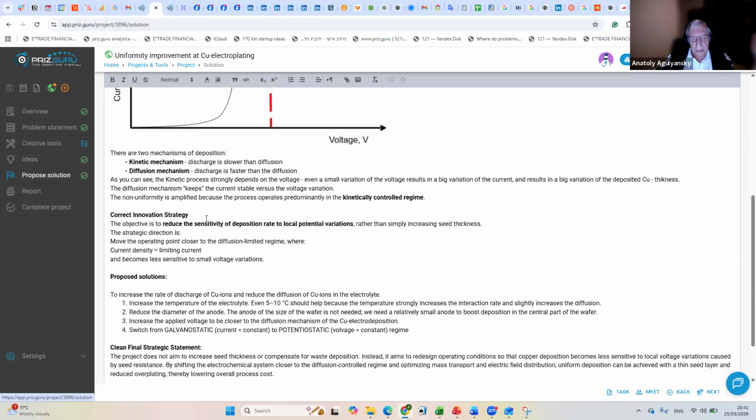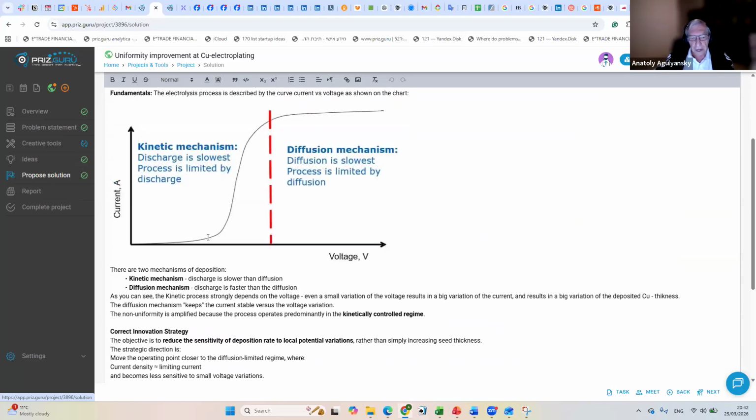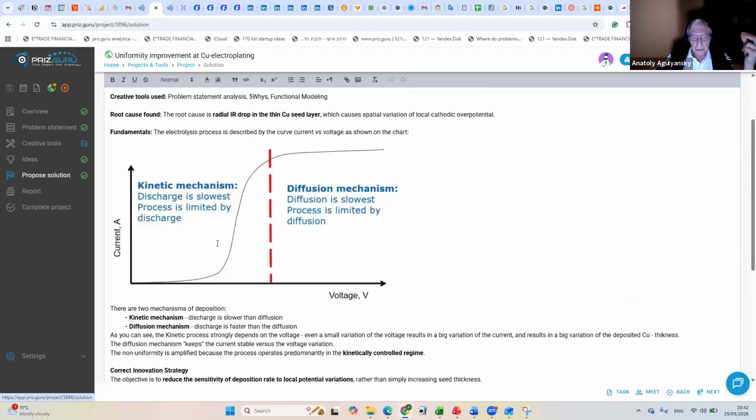The process is done on galvanostatic mechanism. It means the current is constant. And it means we're working here in this area. And this area is very sensitive to voltage.